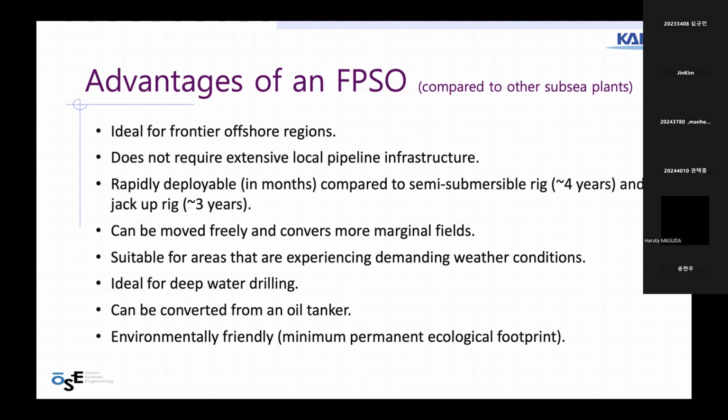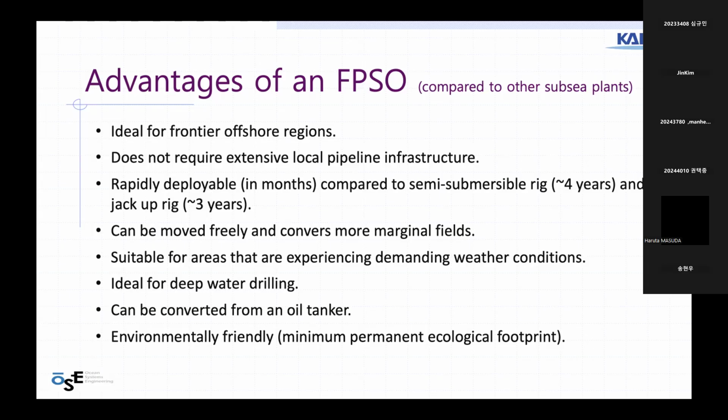It is ideal for frontier offshore regions where there is no infrastructure such as local pipelines, and it is rapidly deployable, in months. That's an advantage compared to other means such as semi-submersible rigs and jack-up rigs, which can take up to 4 years to become functional. It can also cover more marginal fields.